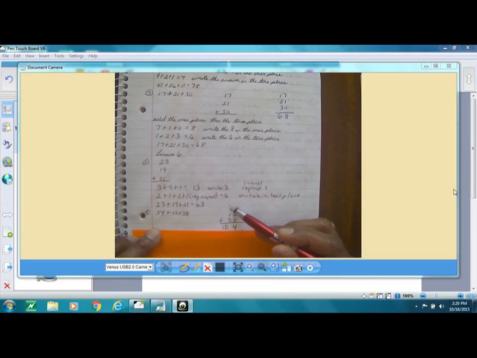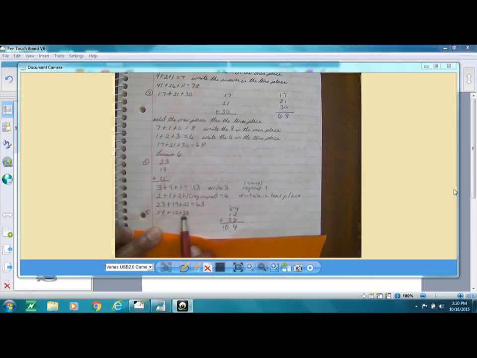Now you have 5 plus 1 plus 3 plus the 1 that you carried. 5 plus 1 is 6. 6 plus 3 is 9. 9 plus the 1 that you carried is 10. 54 plus 12 plus 38 equals 104.